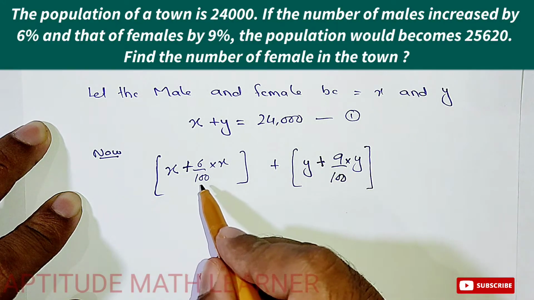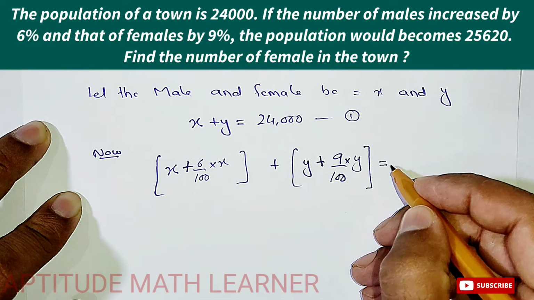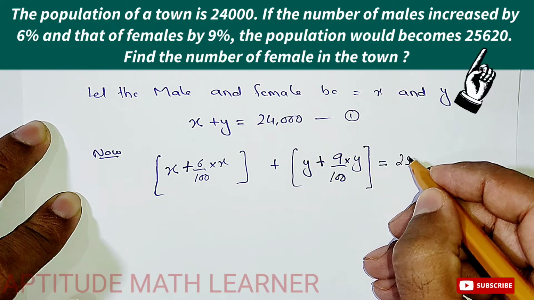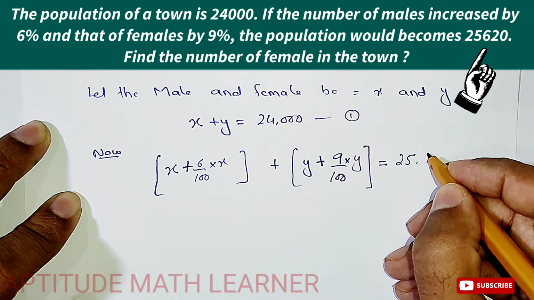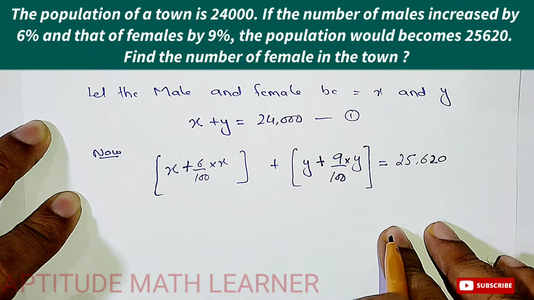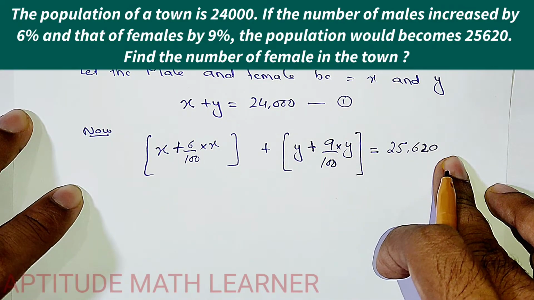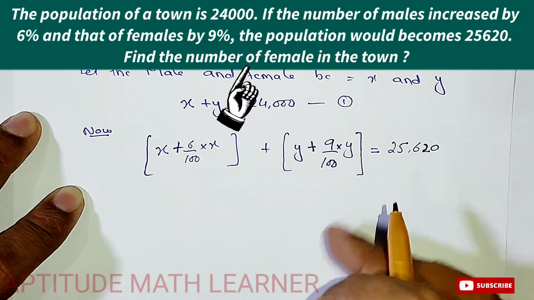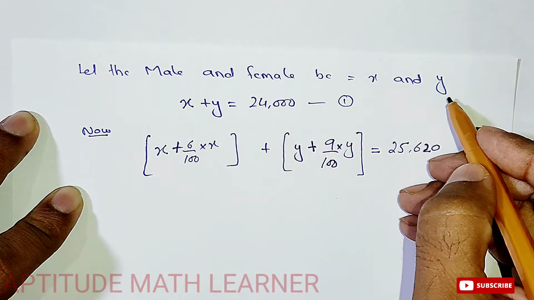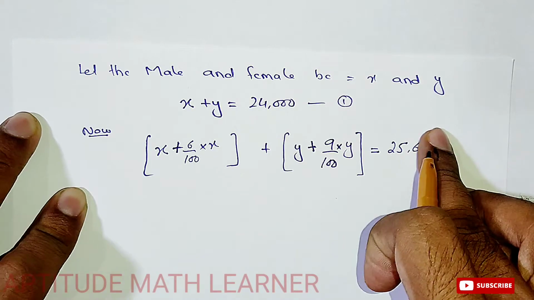After the increase of 6% and 9%, the new population becomes 25,620. We have to find the number of females, the Y we have taken for the female population.